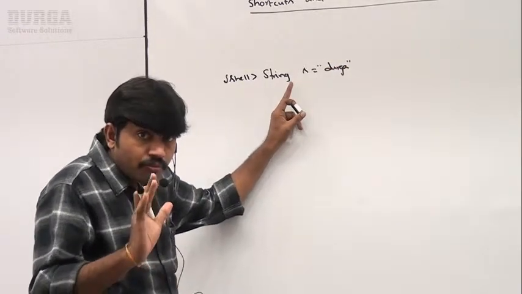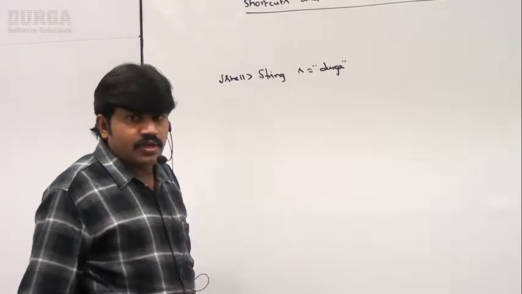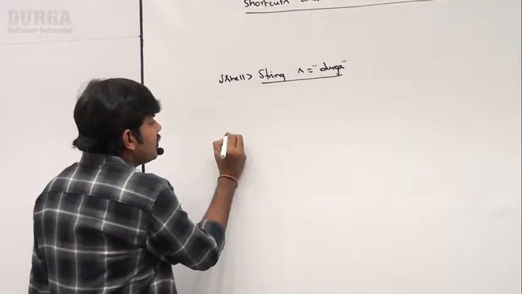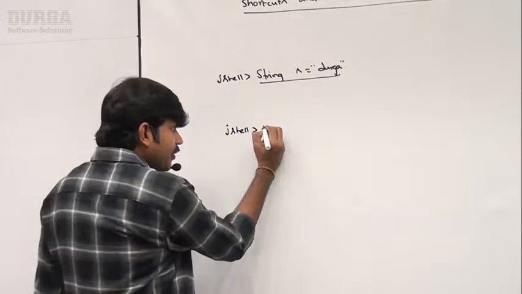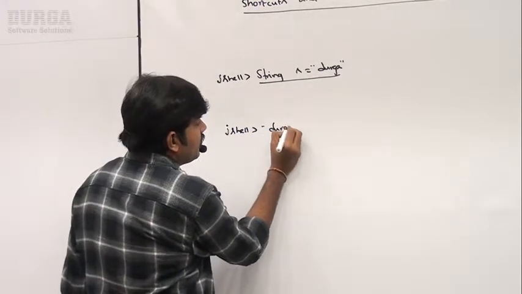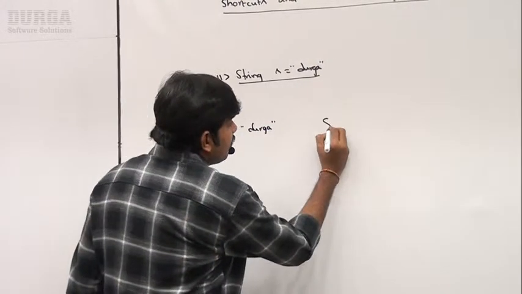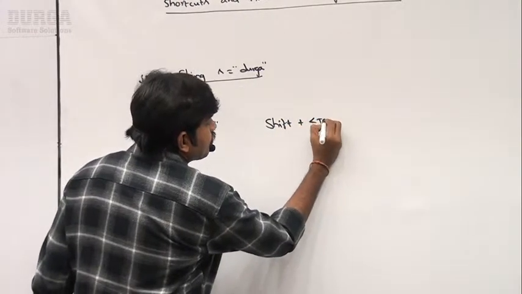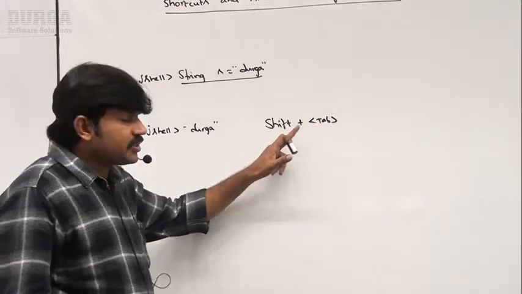But now my requirement here is, sir, you are not required to type the total. Just in JShell, take very special care. Type the value, and then Shift+Tab.